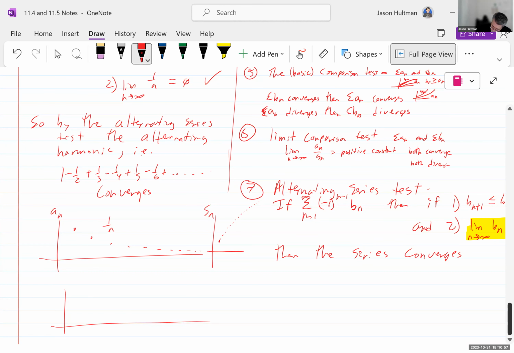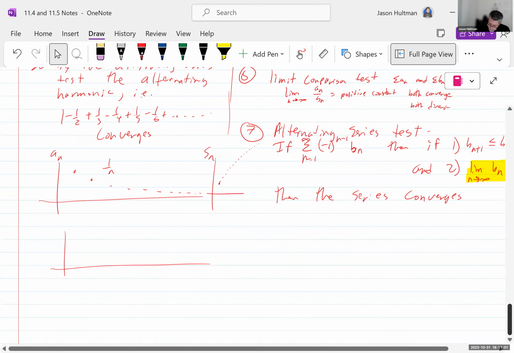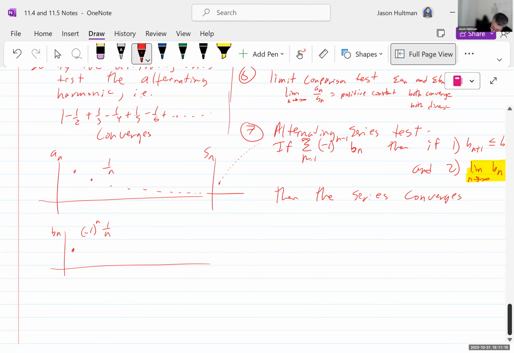However, if I look at the terms for the alternating harmonic, which I'll call B sub n, where we have (-1)^n times 1 over n, we still start at 1, but then we go to -1/2, then 1/3, and then -1/4.